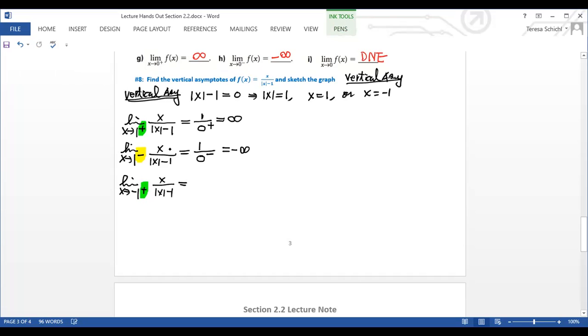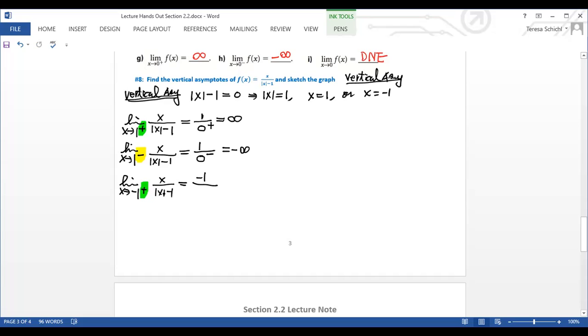When x approaches -1 from the right-hand side, that means it's always a little bit bigger than -1, like -0.95 or -0.98.